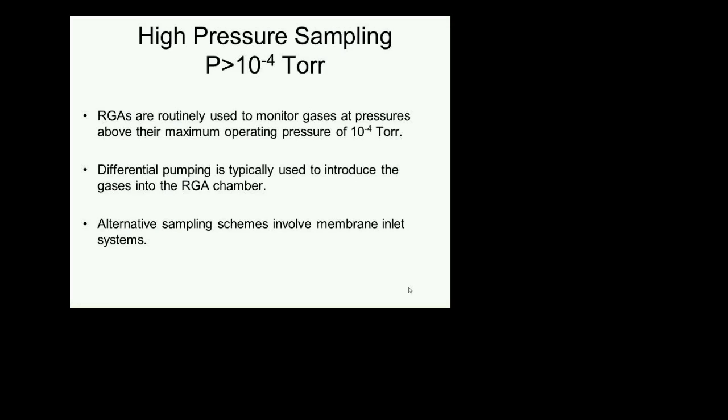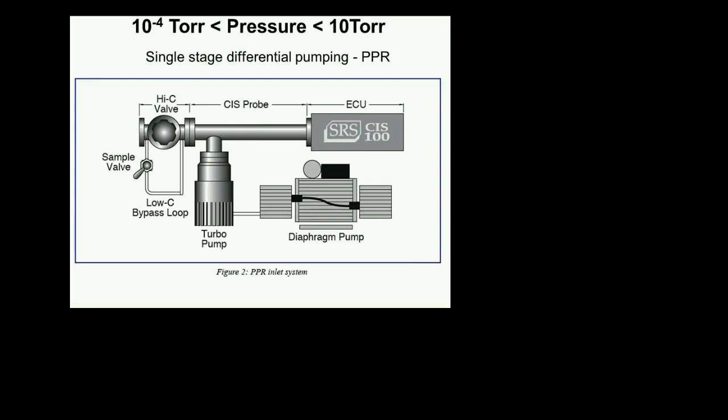So the question is, what if I have to sample at a pressure greater than 10 to the minus 4 torr? Well, in that case, your first option is to use what is called a single-stage differentially pumped system.